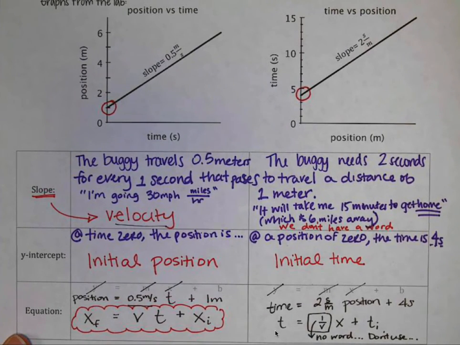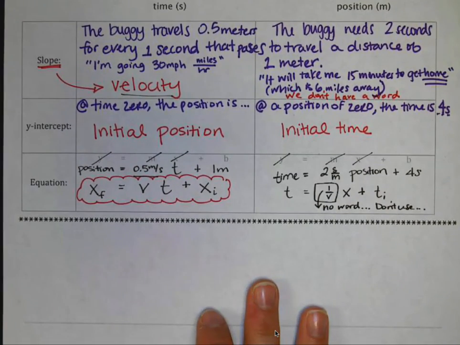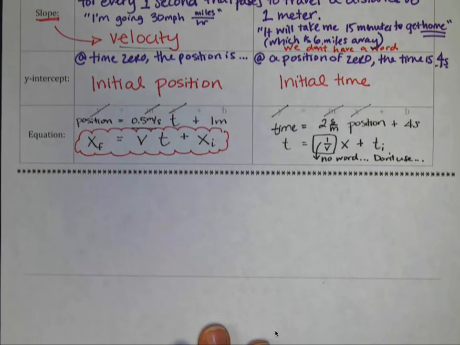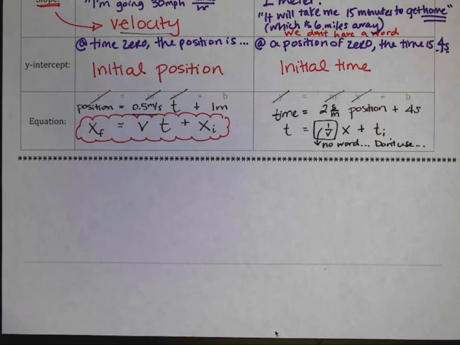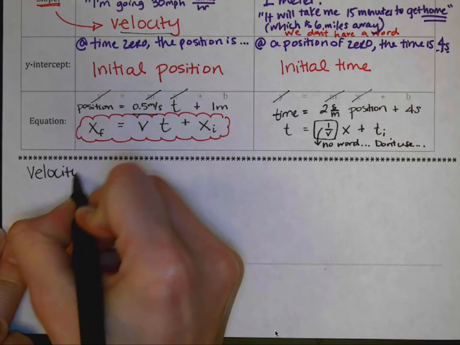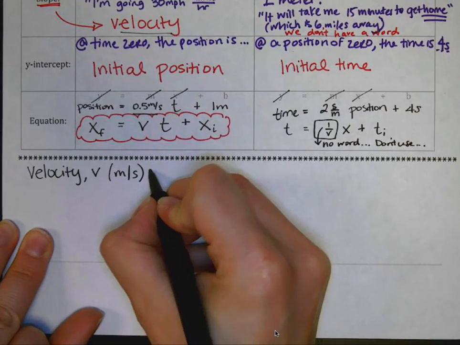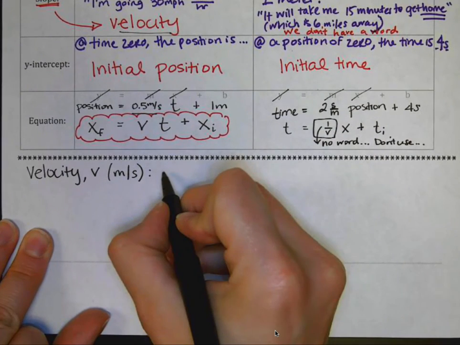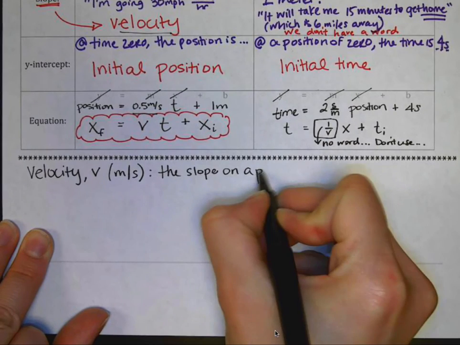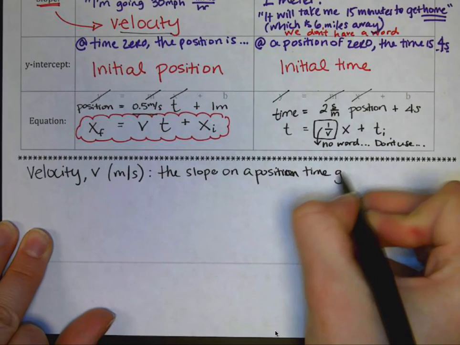Okay. For that, we can come down here and reiterate a little bit of what we talked about before with the terms of velocity and speed. We know we had velocity from our graph, so velocity is abbreviated by the letter V, units of meters for every second. And an operational definition is the slope on a position-time graph.